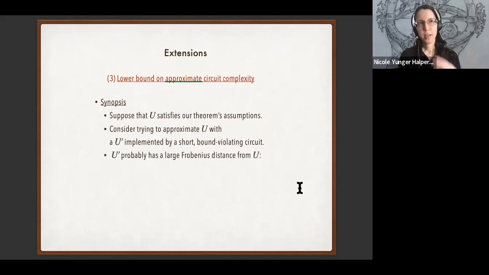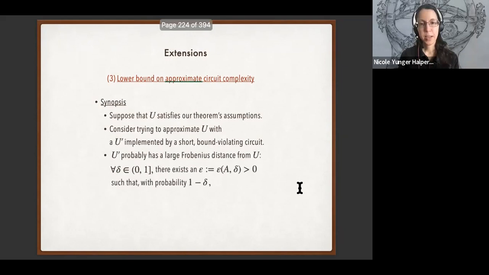If U prime is implementable with a shorter circuit, then with high probability, U prime has a large Frobenius distance from the target unitary. So for all values of some parameter delta, there exists an epsilon such that with high probability 1 minus delta, the Frobenius distance between the target U and the actually implemented U prime is large, at least epsilon.